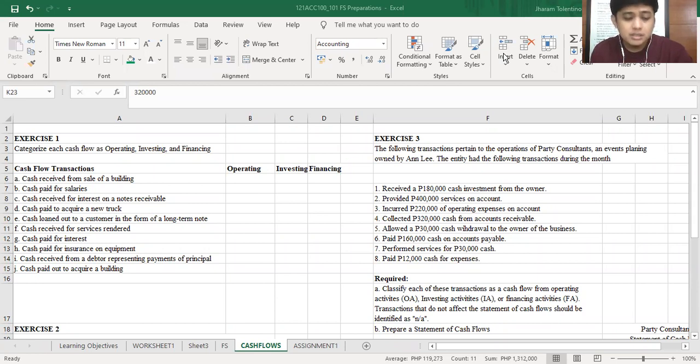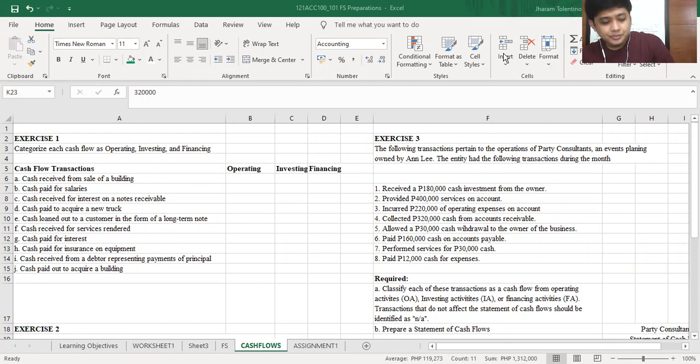Pwedeng gano'n. Bumili ka ng inventory, hindi mo pa mabayaran. Interest. Dito yan, papasok. And then payments of other operating expenses. Other operating expenses like kuryente, tubig, cash outflow yun.